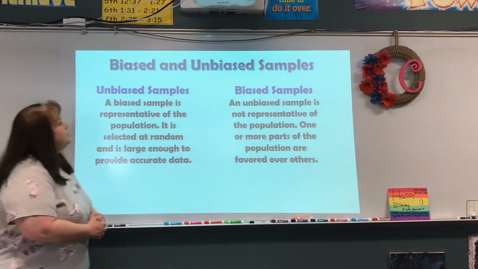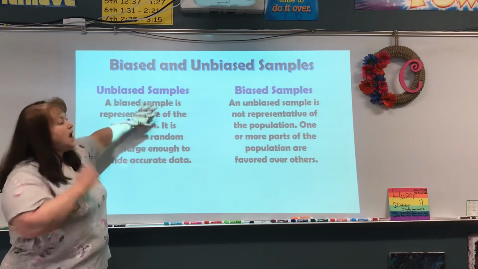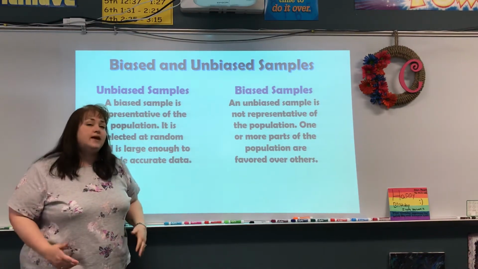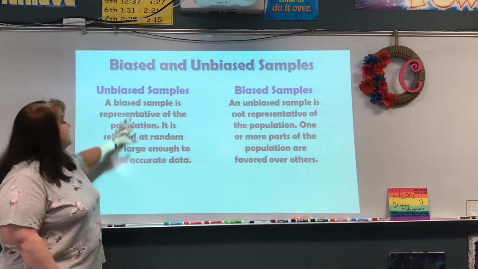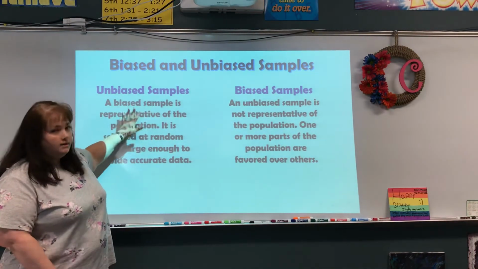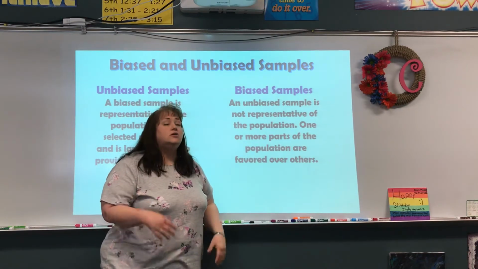Okay, then we have biased and unbiased samples. A sample is unbiased when it represents the whole population and it's done at random. That's what has to happen for it to be unbiased. And then biased samples means that you didn't do it at random.